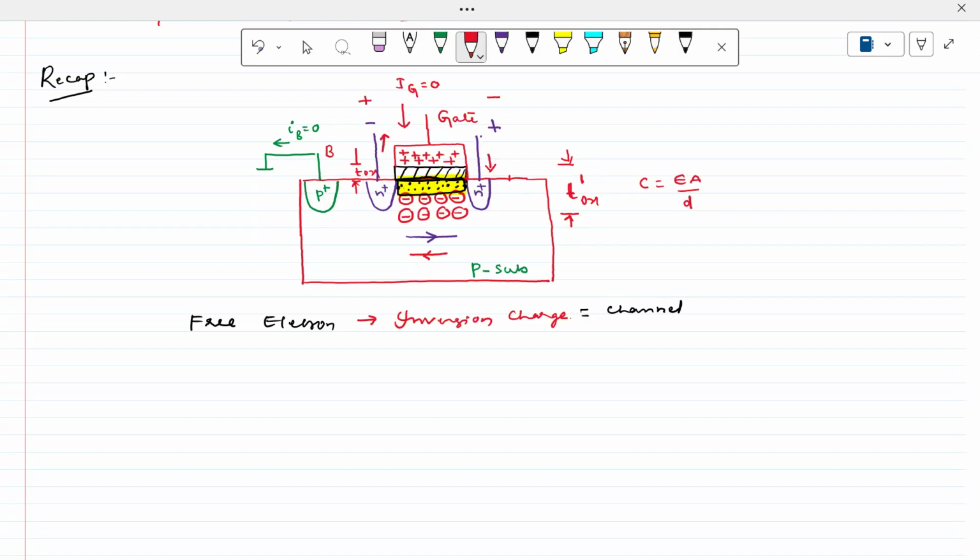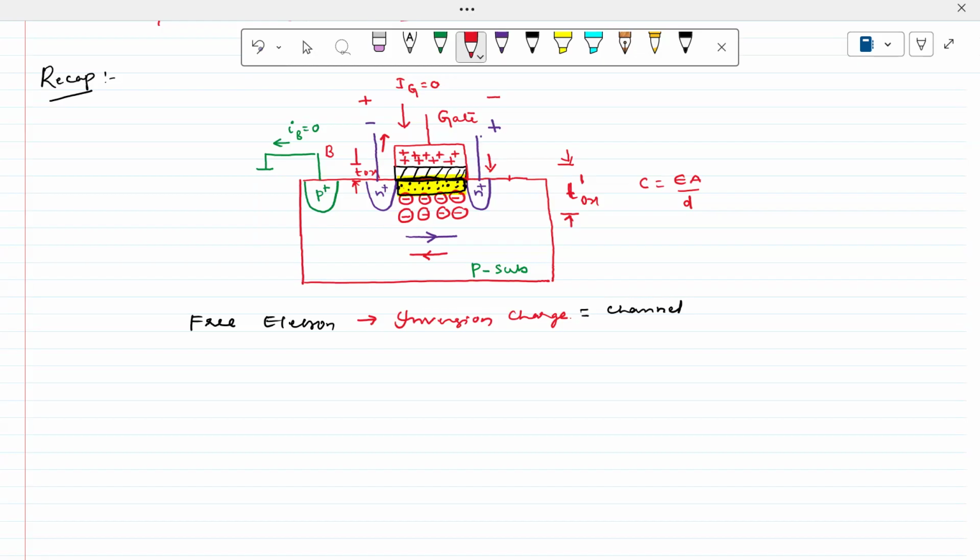So if you want to send the carriers, especially electrons, from the left side to the right side, we have to apply less potential at the left side and more potential at the right side, and vice versa. Since both N plus regions are the same, right?